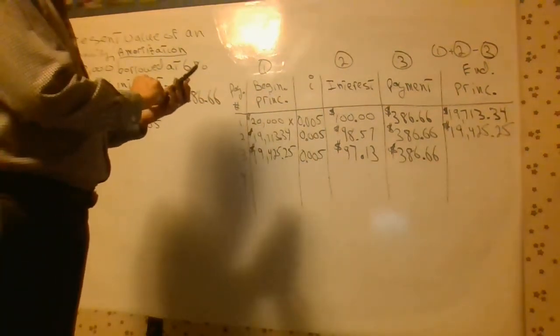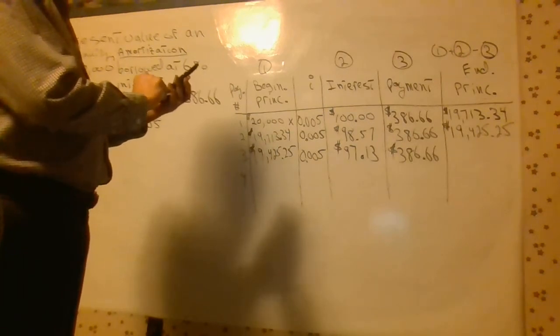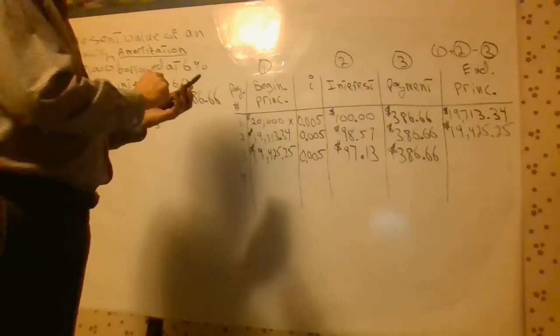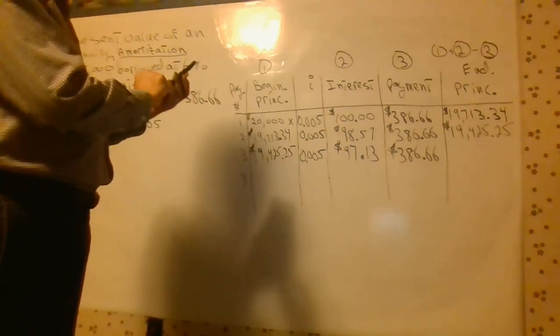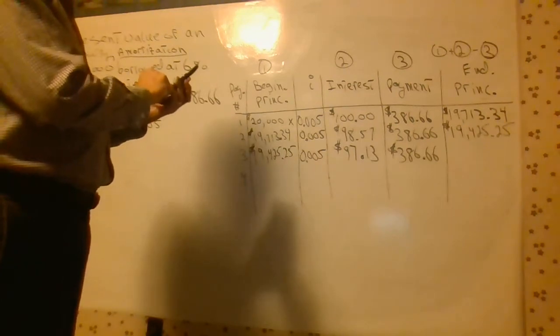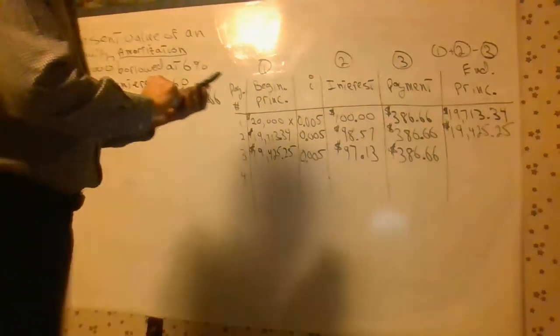And we could do 19,425.25 plus 97.13 minus 386.66, and we get, I must have miskeyed.